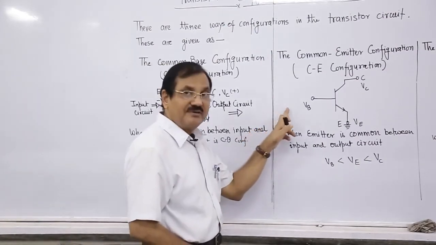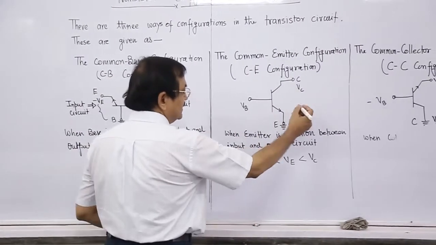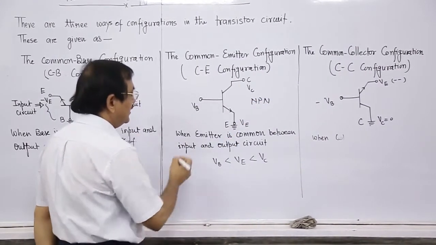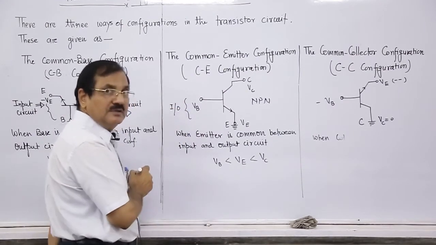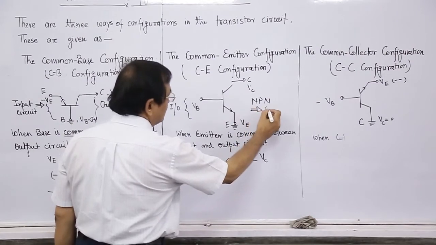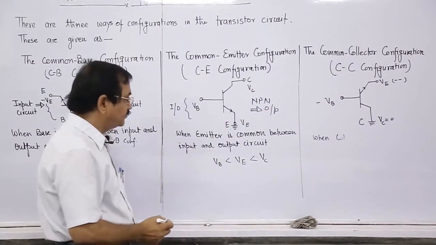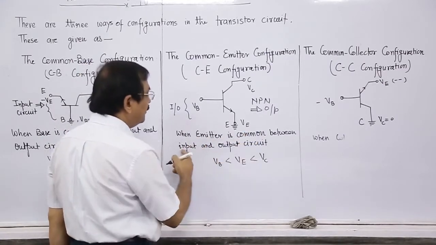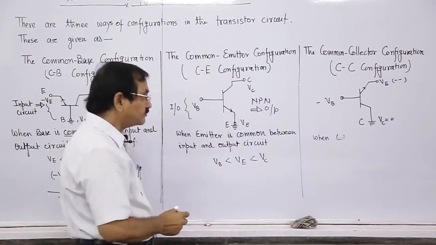Similarly, in the case of common emitter, this is again an NPN transistor, this part is the input circuit, this part is the output circuit, and the emitter is grounded. When the emitter is common between the input and output circuit, it is termed as common emitter circuit.